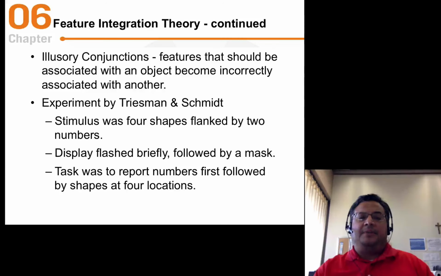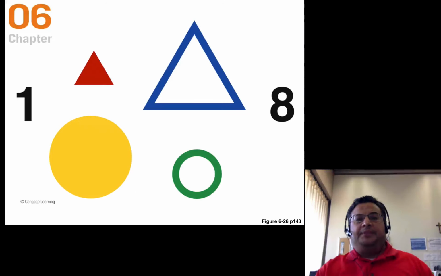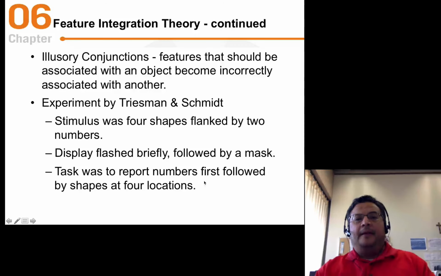For example, the experiment by Treisman and Schmidt. Basically, they had a stimulus that was presented as four shapes, and here's an example of one of the stimuli that they used. The shapes were flanked by two numbers. In this example, the numbers would be 1 and 8. Okay.